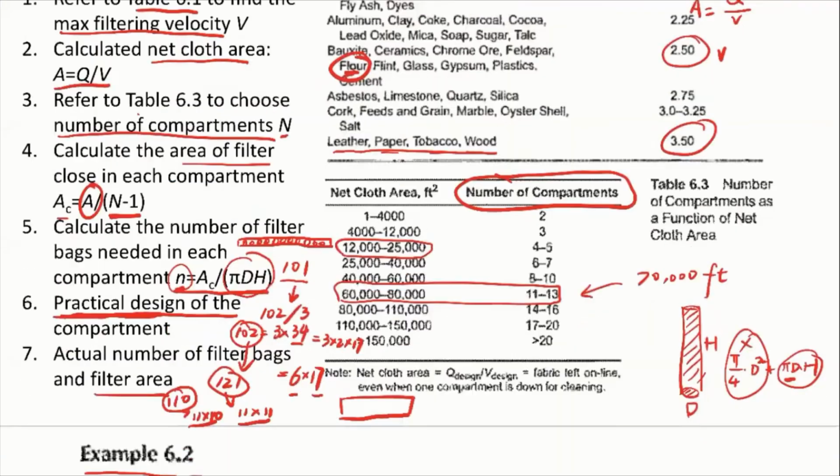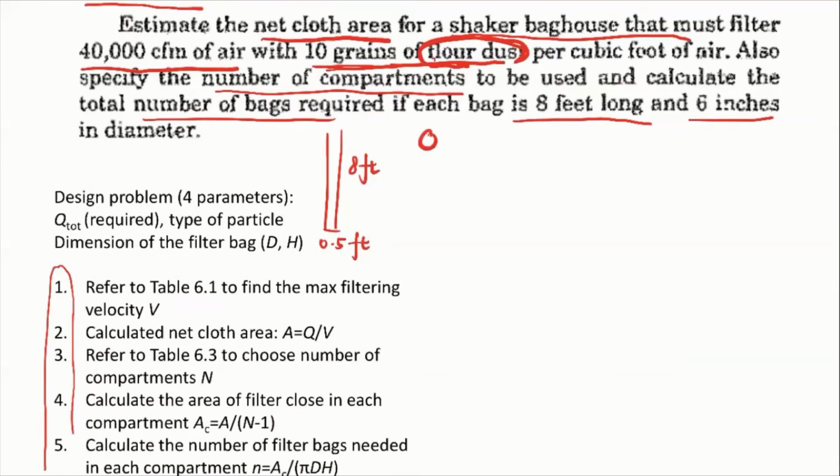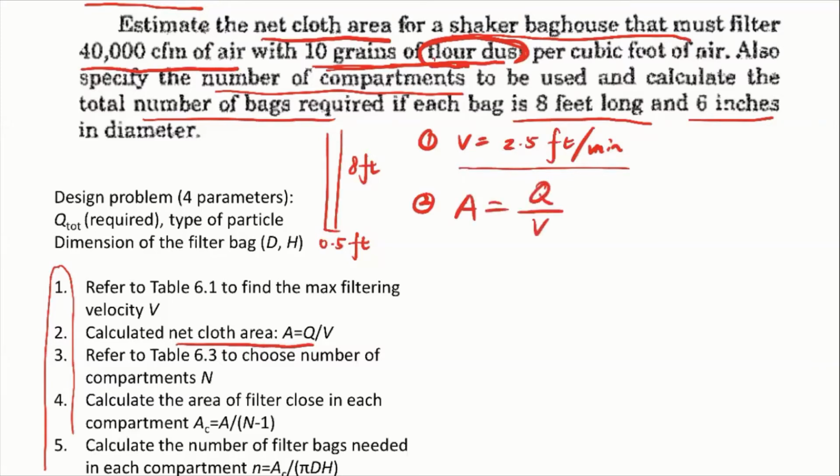And we can find out that this maximum filtering velocity turns out to be 2.5 feet per minute. Okay, so once we have this velocity, then we can calculate the net cloth area. That is just calculated by A equal to Q divided by velocity.